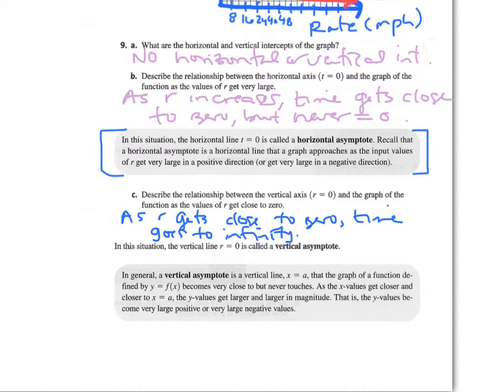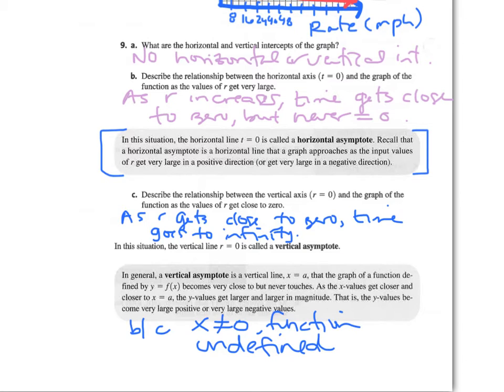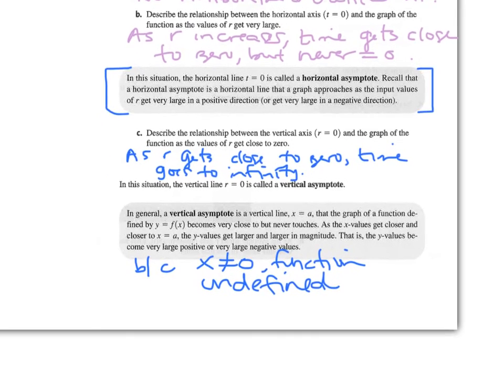So that's what happens for a vertical asymptote. Okay, this has a vertical asymptote because x is not allowed to be 0, because that makes the function undefined. So the vertical asymptote happens wherever there's a value that you're not allowed to put. And these happen because rational functions are fractions, and fractions can't have a 0 in the denominator.